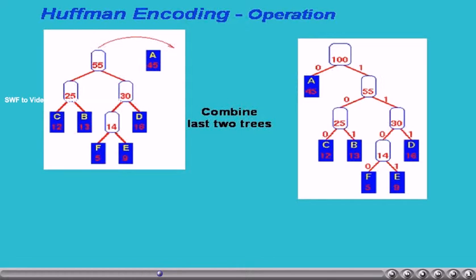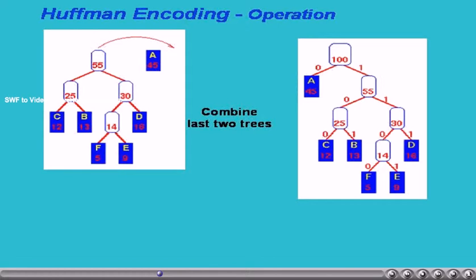Now if we verify the slide, the resultant Huffman tree is shown on the right hand side of the slide. From this we can understand the codes for the symbols. For symbol A, 0, that is the symbol which occurs more frequently, thus we have got a code length of 1 bit only.